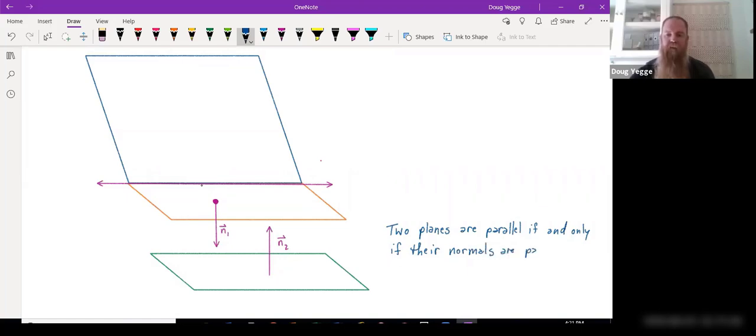So really, it's getting back to lines and vectors again. So instead of just simply saying two planes are parallel because they're flat and they never cross, instead we take their normal vectors and now we just compare the slopes of those lines. And if we know that N1 is some constant multiple of N2, then I know they're parallel.